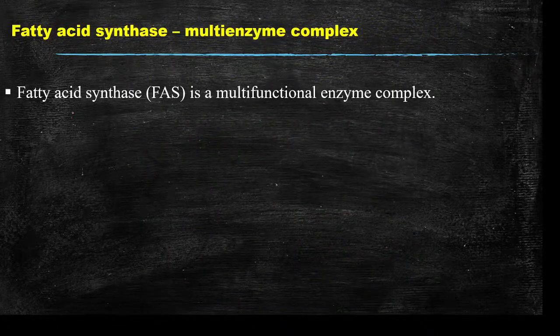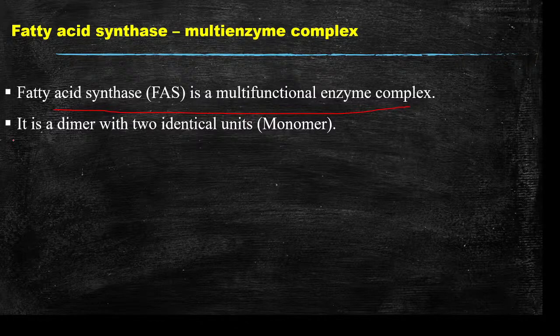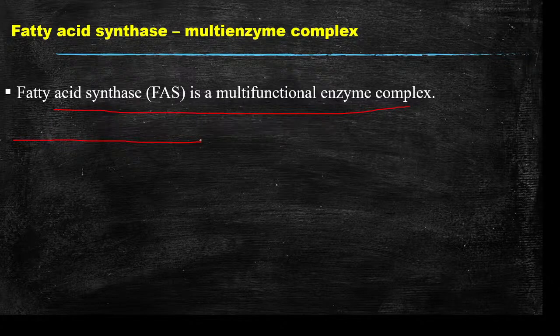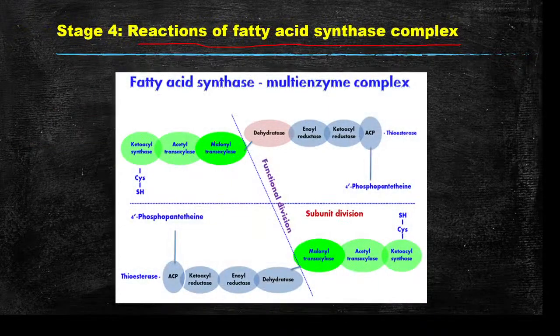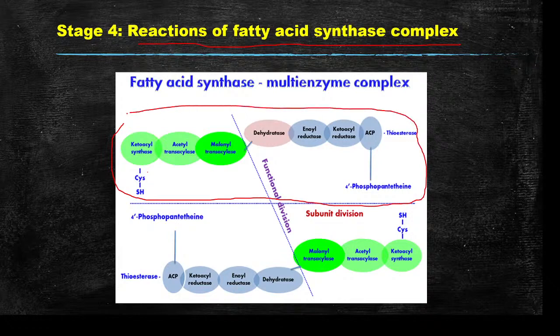Fatty acid synthase is a multifunctional enzyme complex. It is a dimer with two identical units, two identical monomers. Here you can see this is one monomer, and this is the other monomer.